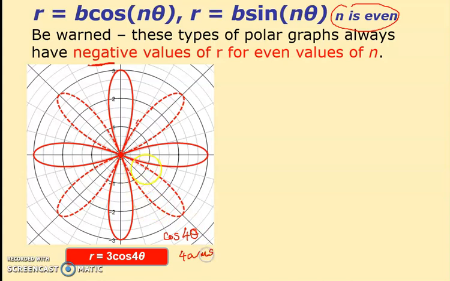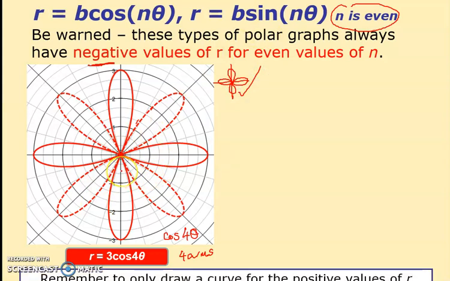So I don't want all those dotty ones drawn. If I asked you to draw this, I'd expect you to draw me one, another, a third, a fourth. That is the correct answer. Not 8 arms. Only positive values of r, that says.